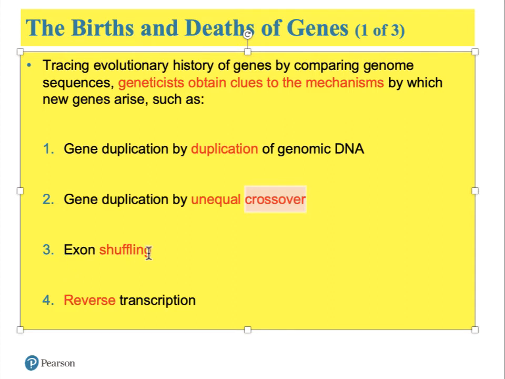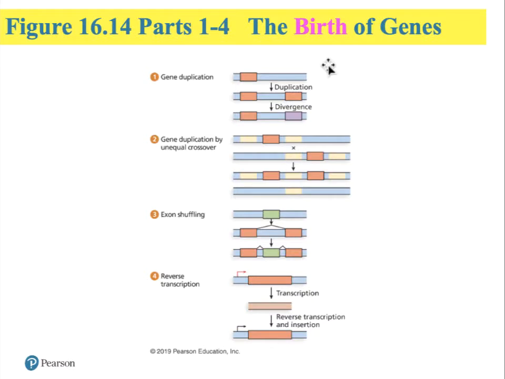Exon shuffling leads to new combinations of genes being produced, and a more recent powerful discovery is that reverse transcription can lead to the generation of new mechanisms of gene structure. The birth of genes is depicted for each one of those mechanisms graphically in figure 16.14. See if you can relate to this from your knowledge of previous chapters.